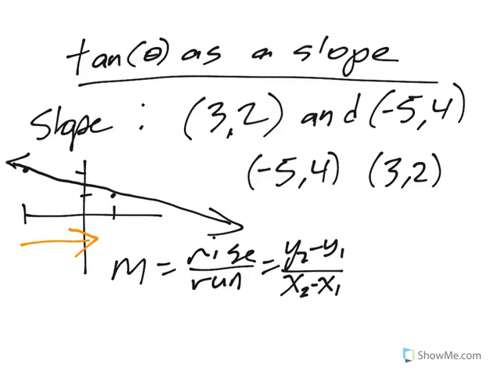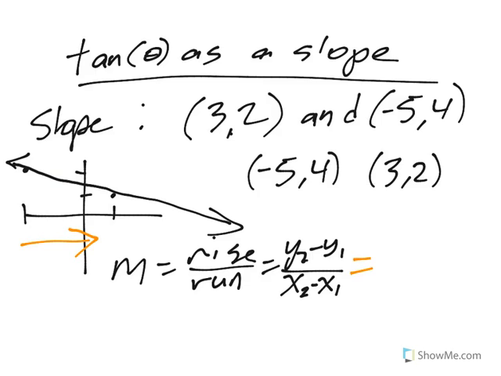And then I'd also like the change in y to be intuitive. That is, as I'm going from left to right, if I would be going down slope, I would like the change in y to be a negative number. So it just helps my intuition.